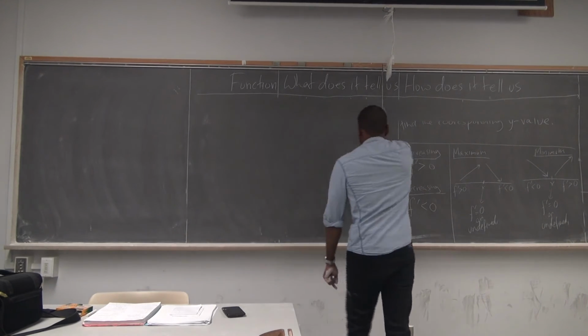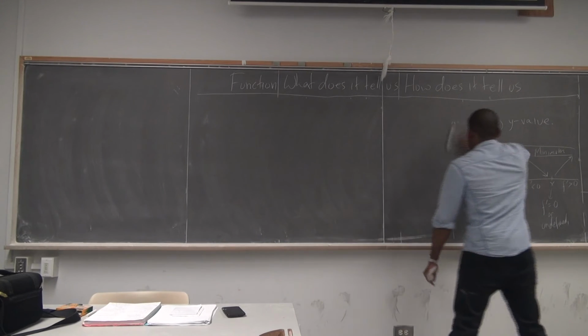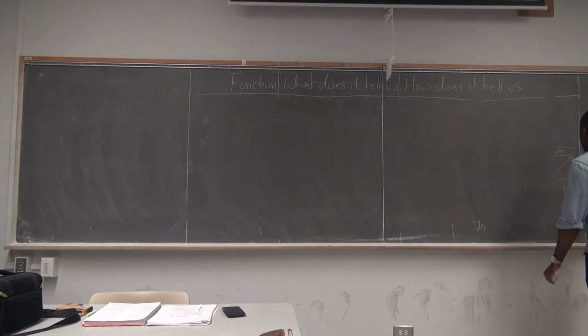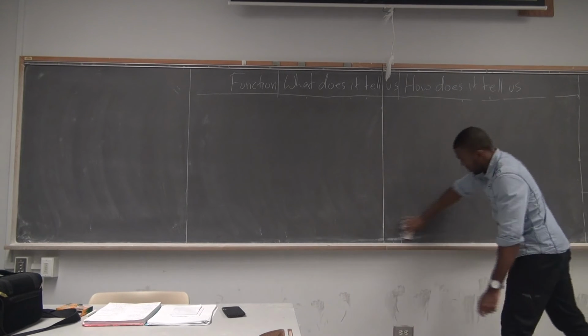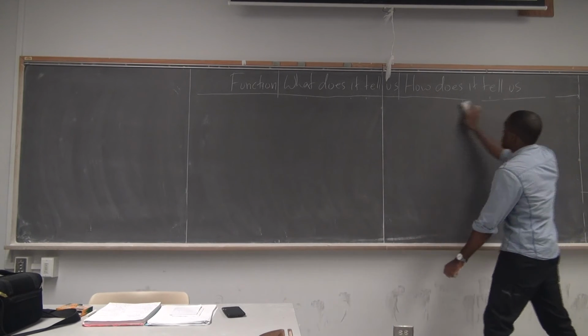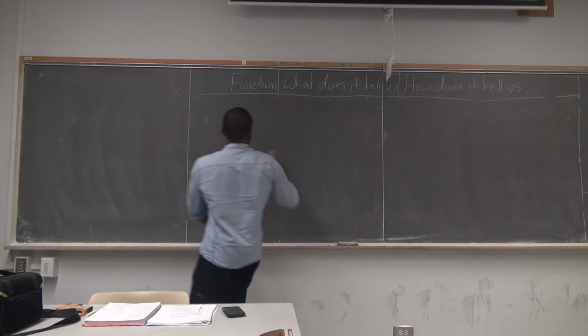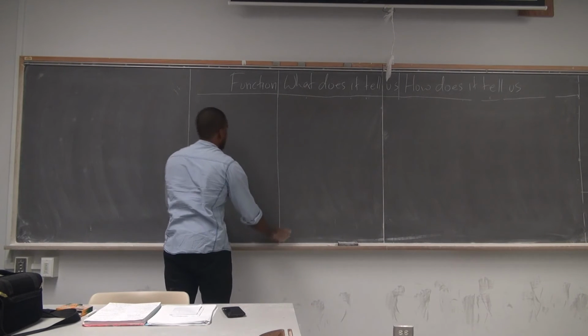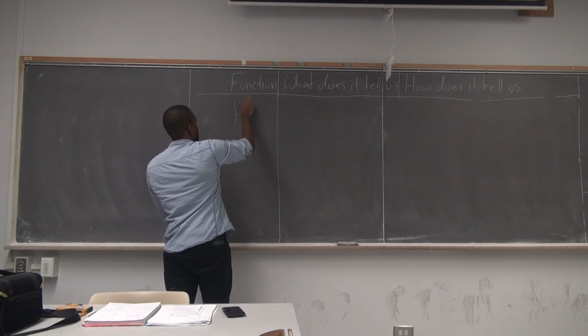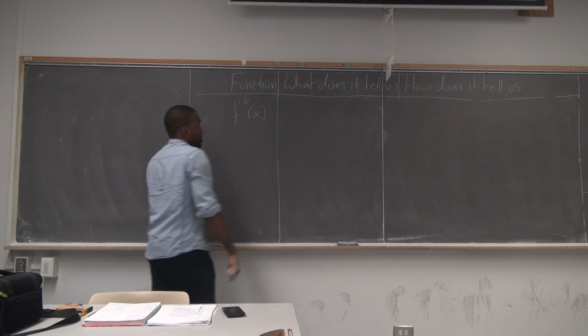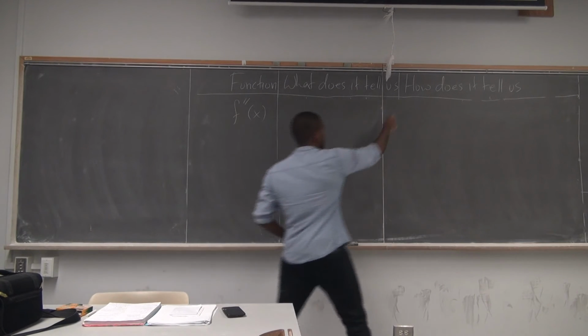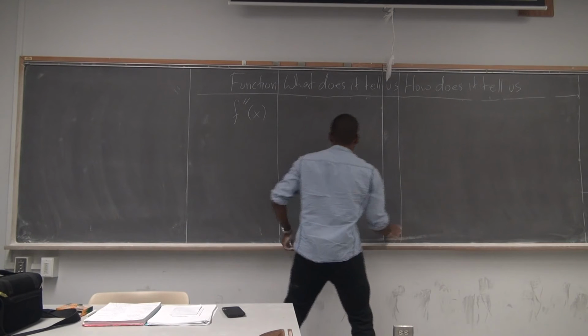Let's talk about the second derivative, what kind of information that gives us, which I kind of hinted to you already, but let's put it in the table. Now the next function is the second derivative. Now what does that tell us? What information do we get from the second derivative? Well, concavity.